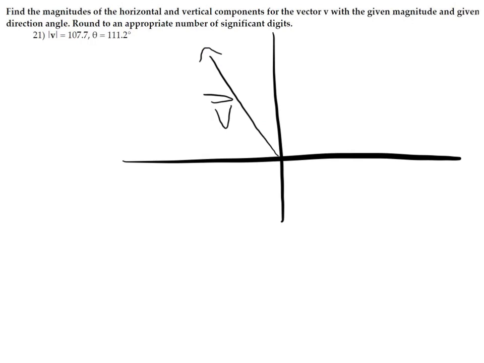We don't know if that's inches or feet or whatever, so you don't really know if this is the right length, but I'm calling that v, so it's the right length. So this is 111.2 degrees. What we want to find is the x component and the y component of this vector.